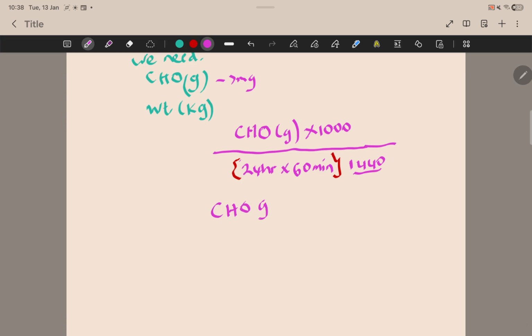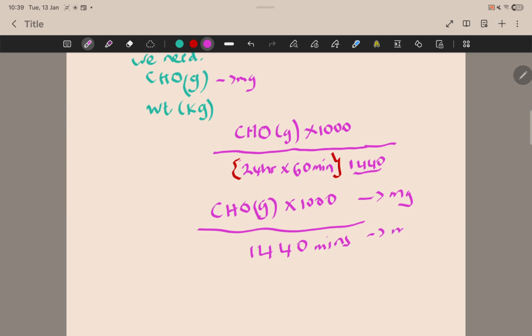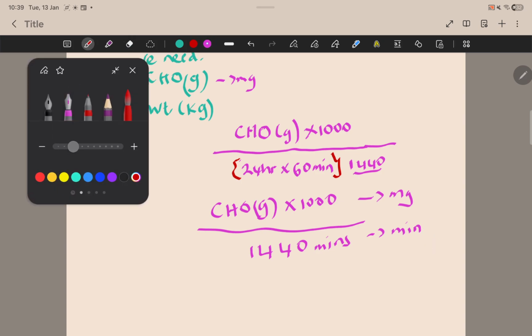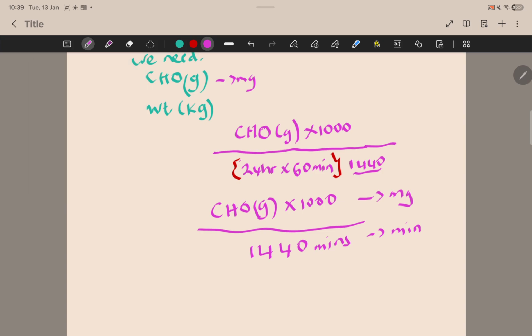So your formula is carbs in grams multiplied by 1,000 to get to milligrams, over 1440 minutes. That's the first part of the calculation, which is equal to your carbs in milligrams per minute.